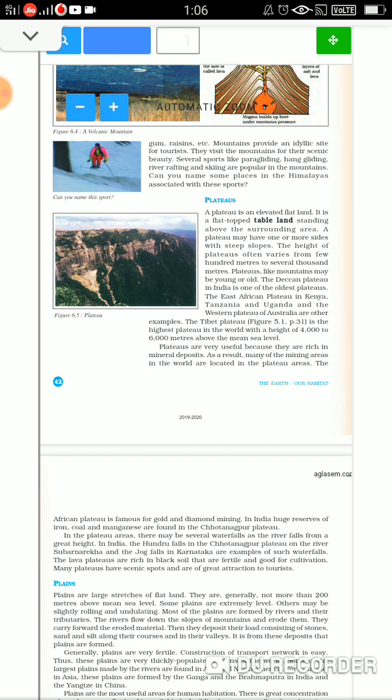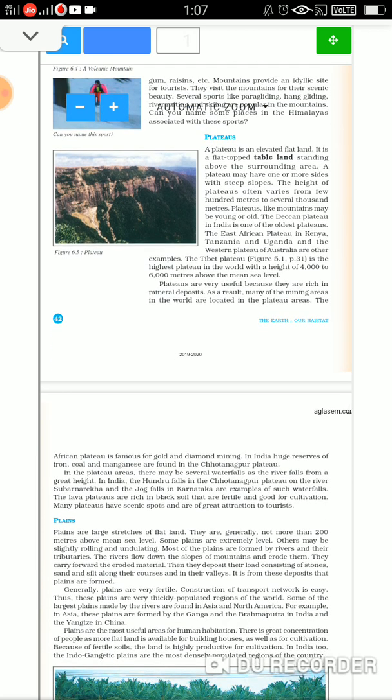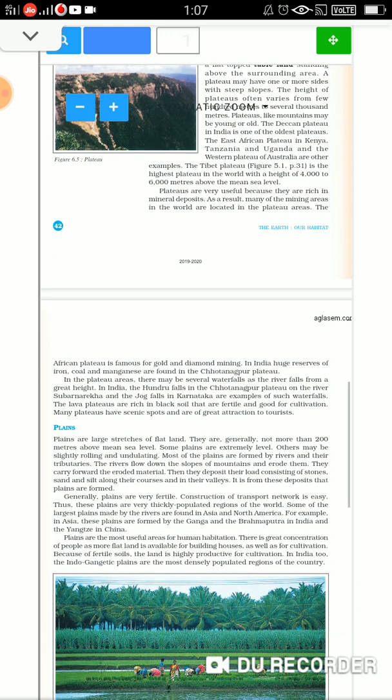The East African Plateau in Kenya, Tanzania and Uganda, and the western plateau of Australia are very good examples of plateaus. Fine. The Tibet Plateau, children, is the highest plateau in the world, and its height is 4,000 to 6,000 meters above the sea level.